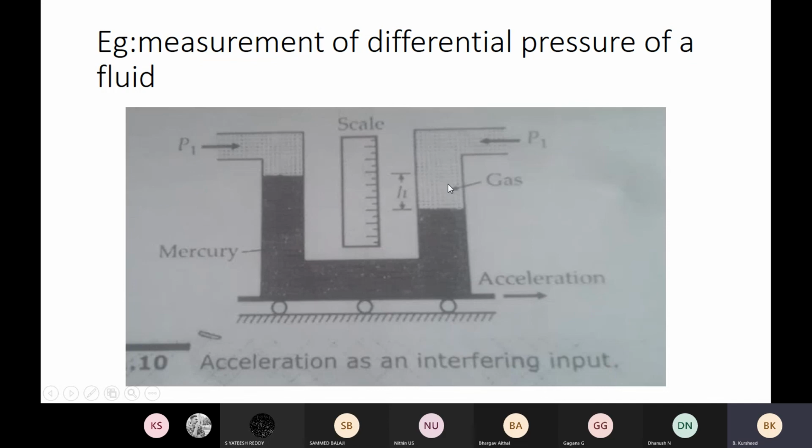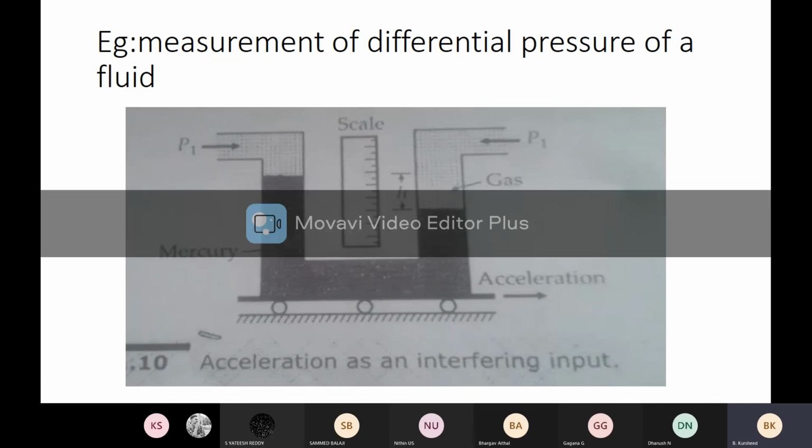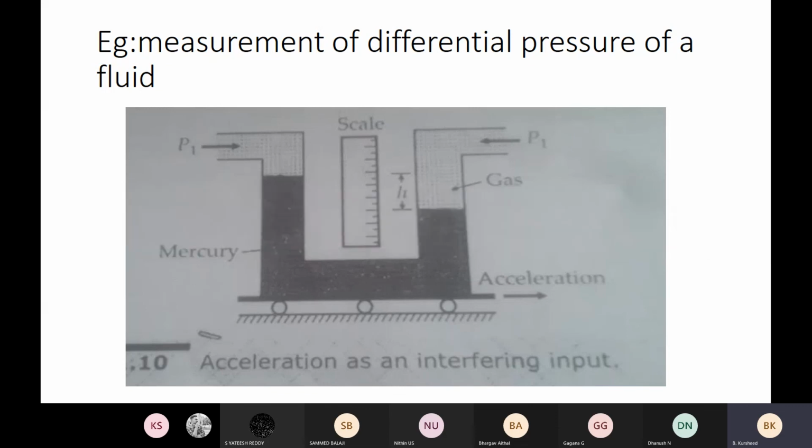This is a case where we are measuring the differential pressure. The effect of temperature on the scale length and on the density of mercury can easily be calculated if we know the temperature, right?